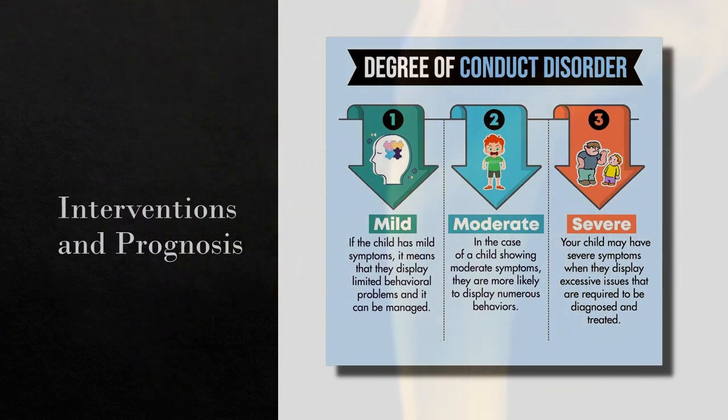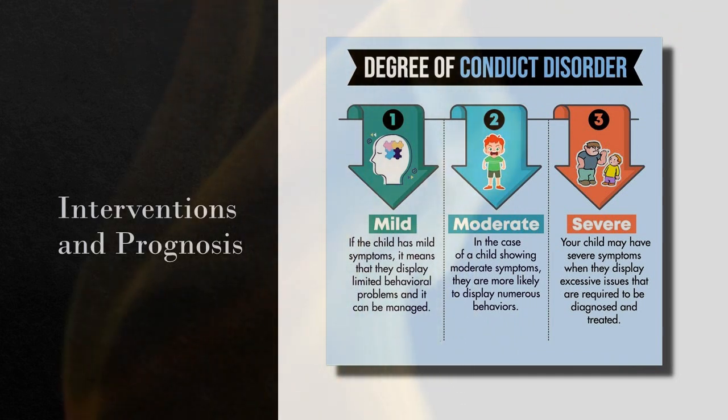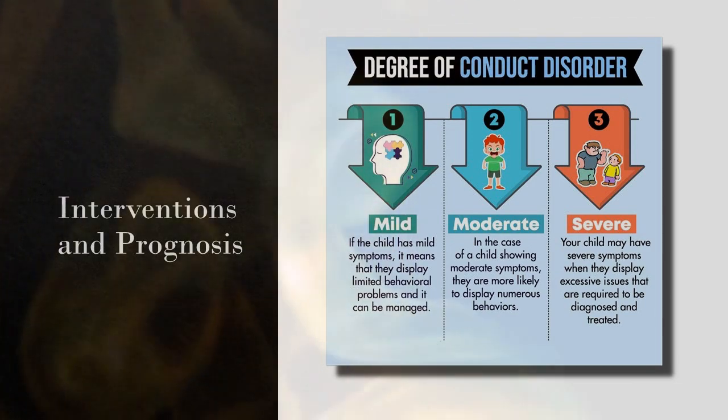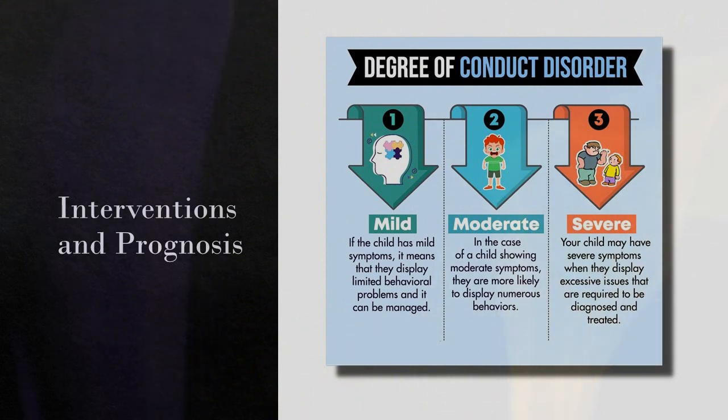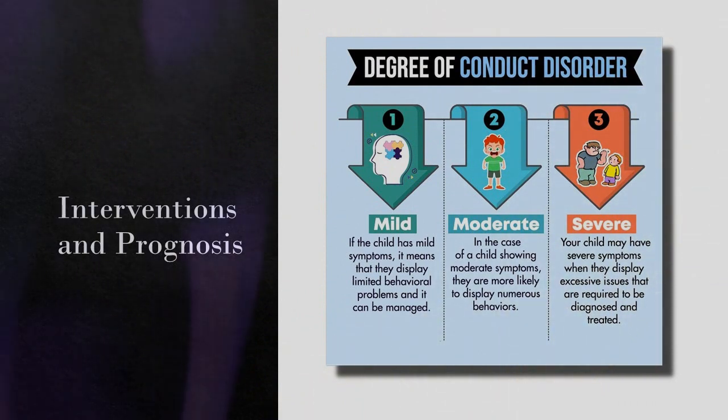Now, the severity of the disorder, the presence of any co-occurring mental health issues, and the number of symptoms that are exhibited is also going to impact the prognosis, as well as the presence of a supportive family or school or community.